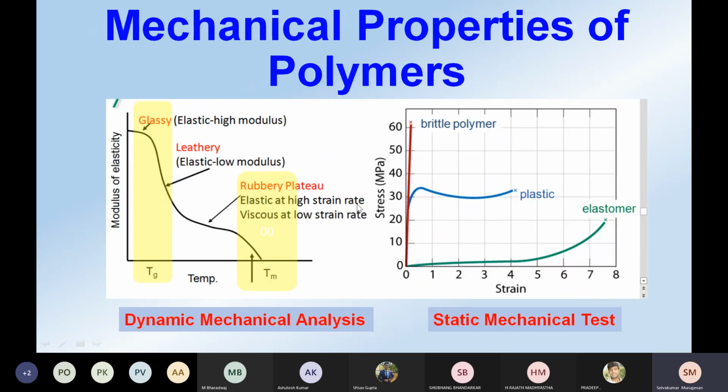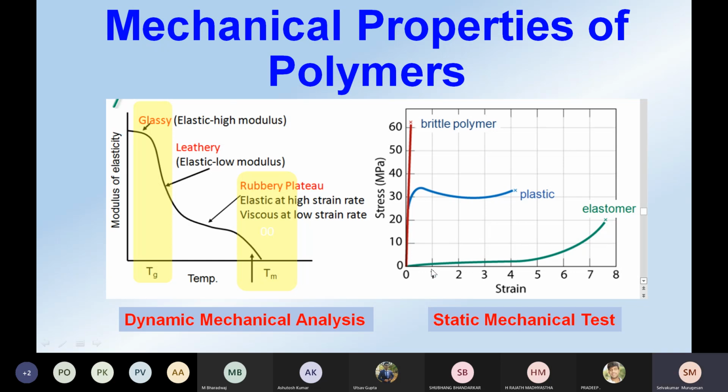This is the overall picture of the mechanical properties of polymers, like what is dynamic mechanical analysis and what is static mechanical analysis. You must be aware of all this, like plastic deformation and elastic deformation, etc. Okay. So a brittle material will not have that kind of elastic deformation all the way; immediately they will start to break.